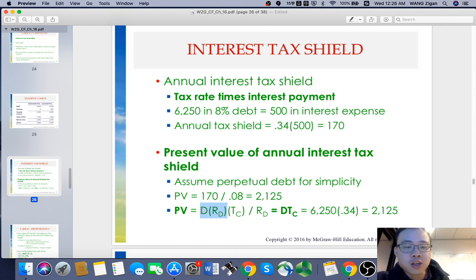The tax shield would be the interest expense times the tax rate, because you have these interest payments, and the interest payment is deducted in the calculation of the taxable income. So since it's deducted, the interest expense times the tax rate is the amount saved. So the levered firm saves this money every period.